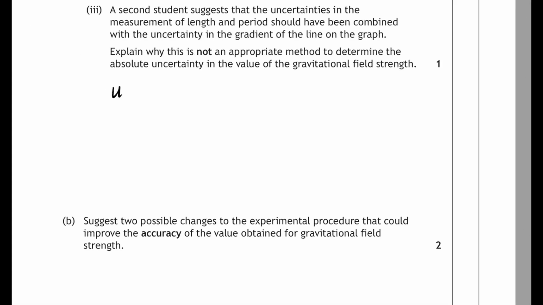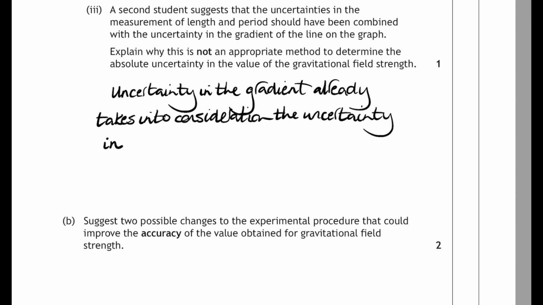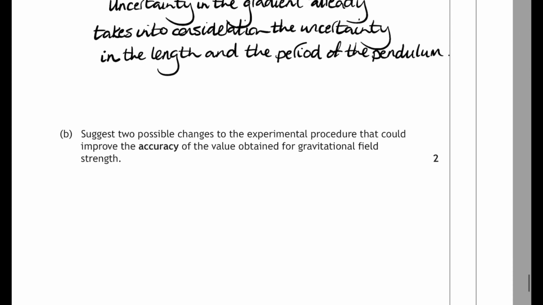Well, again, maybe from your project this year, you should realise that the uncertainty in the gradient already takes into consideration the uncertainty in both the length and the period due to the spread of the points through which we drew our best fit line.